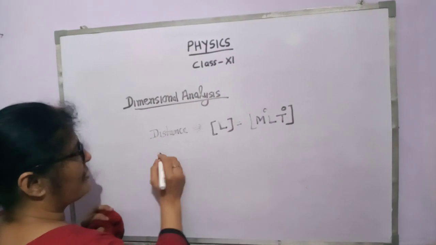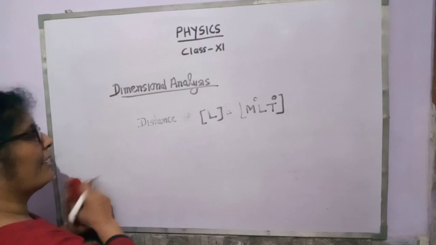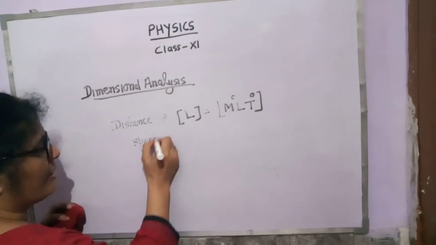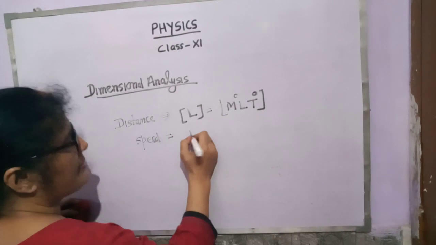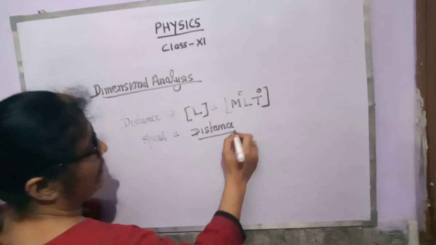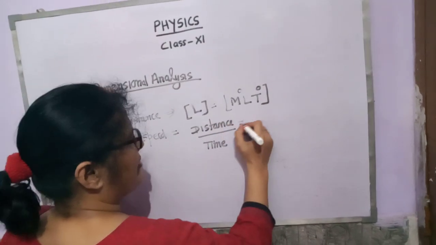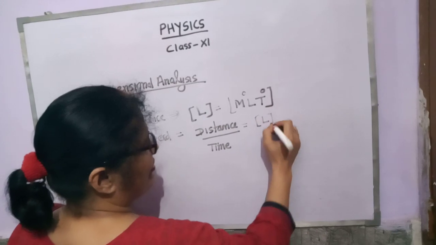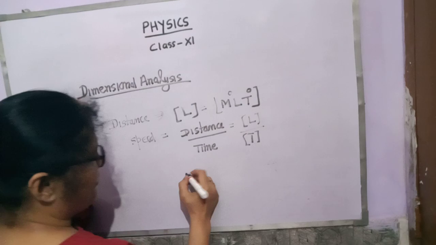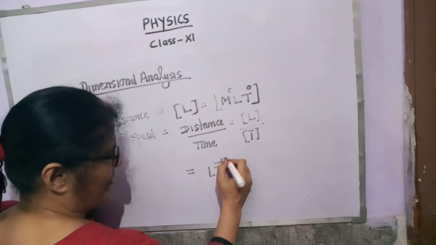Now, from this you can determine the dimension of speed. Speed is distance divided by time. The dimension of distance is L, and the dimension of time is T. You can write it in this way: L T raised to the power minus 1.